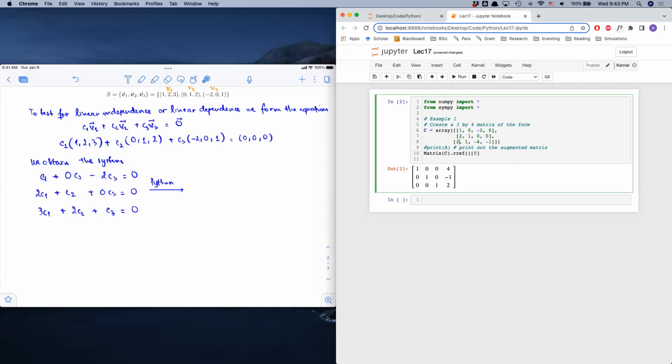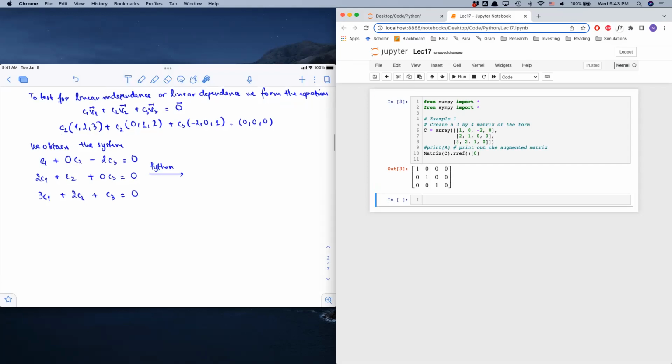The third row is 3, 2, 1, 0. Now hit Shift Enter, and this is the reduced row echelon form. And as you can see, you have that C1 is equal to 0, C2 is equal to 0, and C3 is also equal to 0. So from Python, we obtain that C1 equal to C2 equal to C3 equal to 0, right?